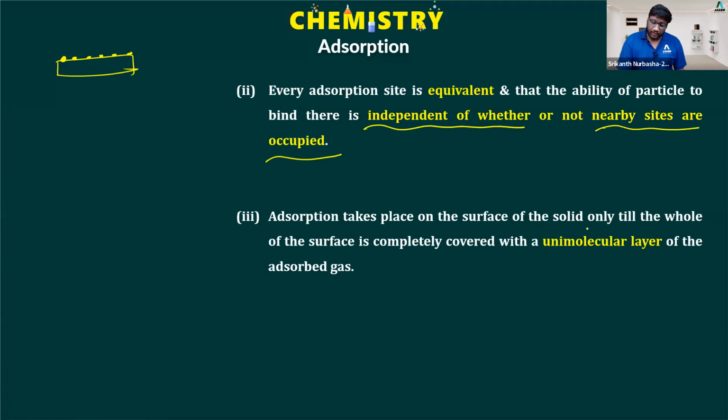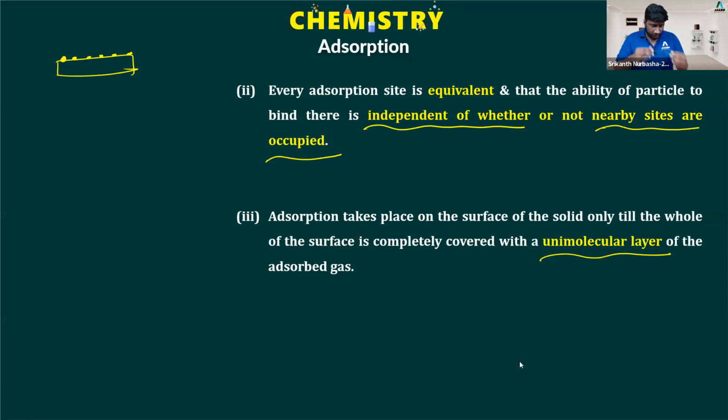Adsorption takes place on the surface of the solid only till the whole surface is completely covered with a unimolecular layer of the adsorbed gas. If all the surface points have been occupied, then there is no further adsorption happening. Yes or no?